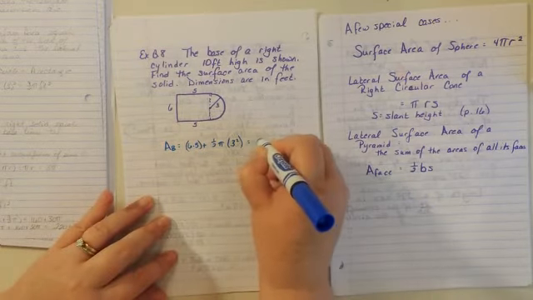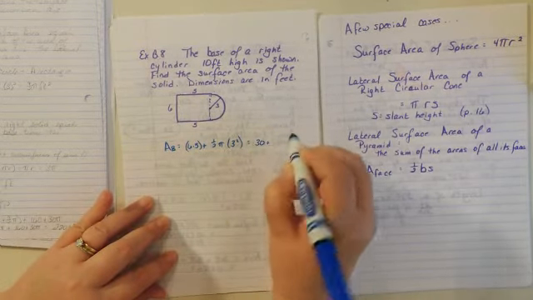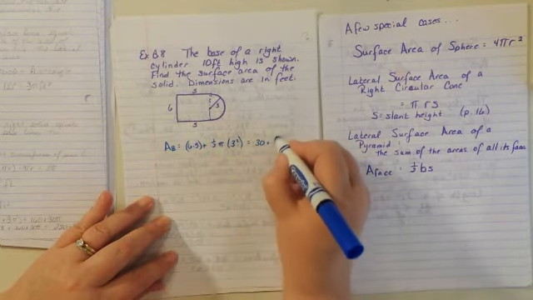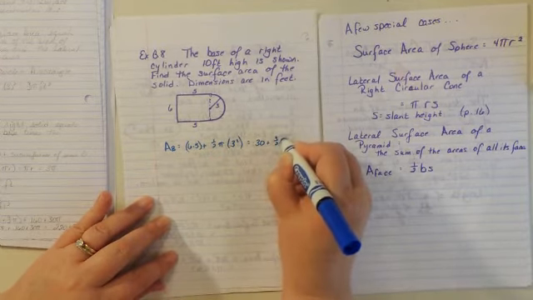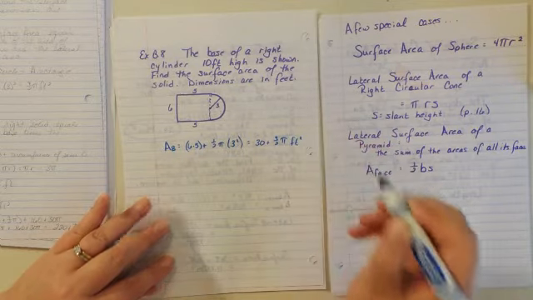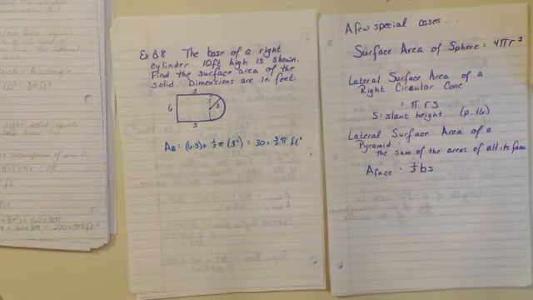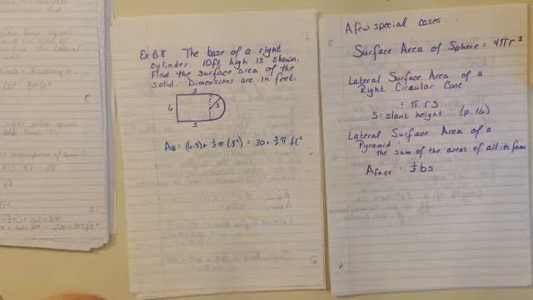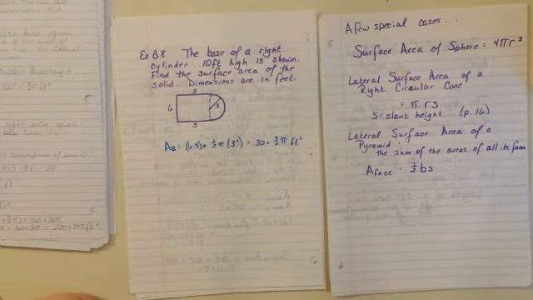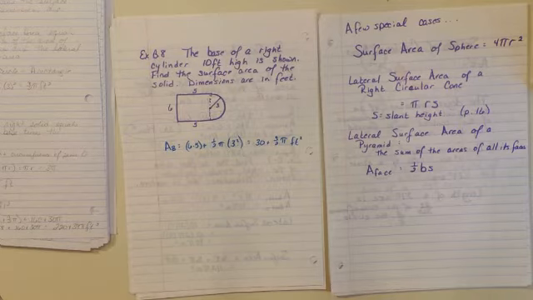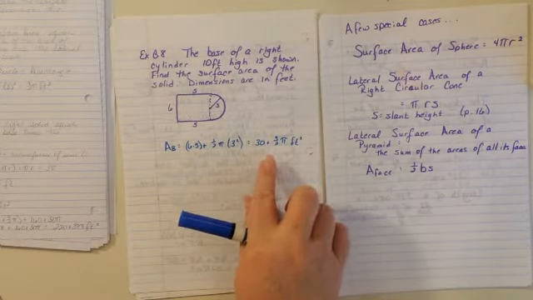Okay, so we have 30 plus, this is 9 times 1/2, so 9/2 pi feet squared. Okay, so that's the area of one base. It's ugly, but it's correct. Excuse me, there are 2 bases, of course, and they're both going to have the same.